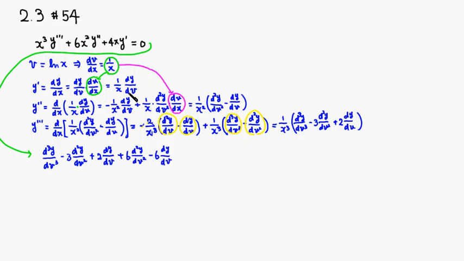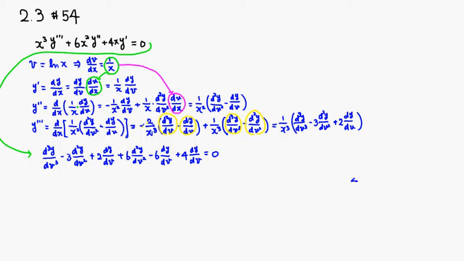Then we plug in y prime, so x's cancel out, so it's going to have plus 4 dy over dv. Right? So we have that, and this is going to be equal to 0.